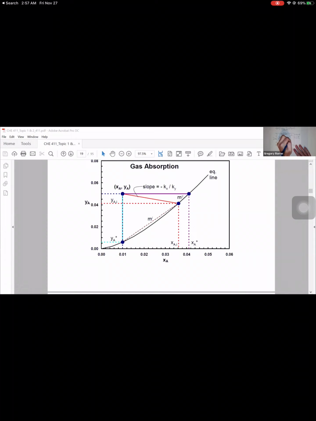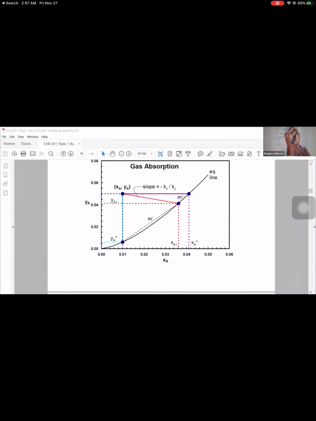So if this is linear, then M prime is equal to M double prime, which is the slope over this range here, which is equal to M. But if they're nonlinear, then you have to account for this.